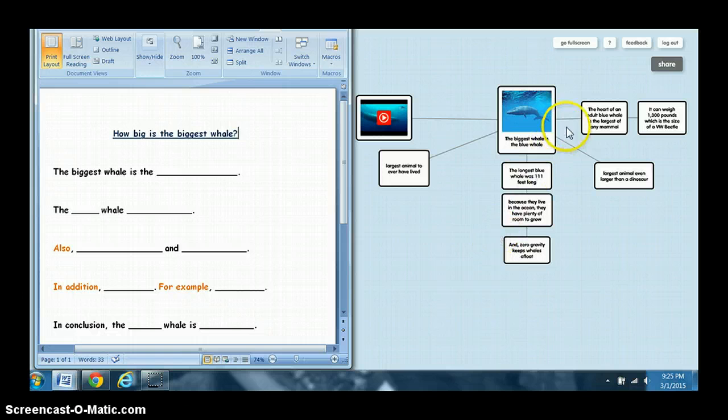In addition, the heart of an adult blue whale is the largest of any mammal. For example, it can weigh 1,300 pounds, which is the size of a Volkswagen Beetle. In conclusion, the blue whale is the largest animal, even larger than a dinosaur. So that's just an example of one way that you can kind of read the popple.